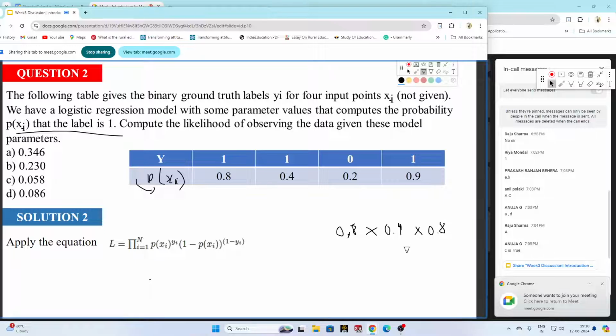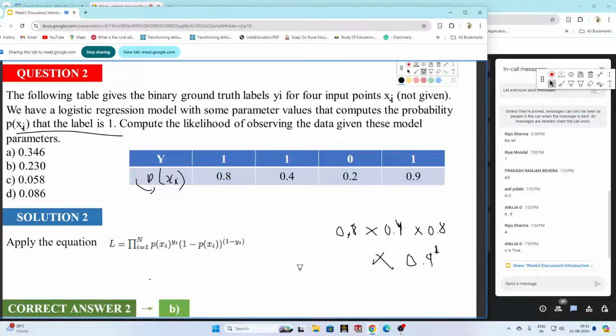And the last one is 0.9 to the power 1. So 8 into 4 into 8 into 9, whenever you do it, you will reach option B, that is 0.230. Is it clear how we are doing it?